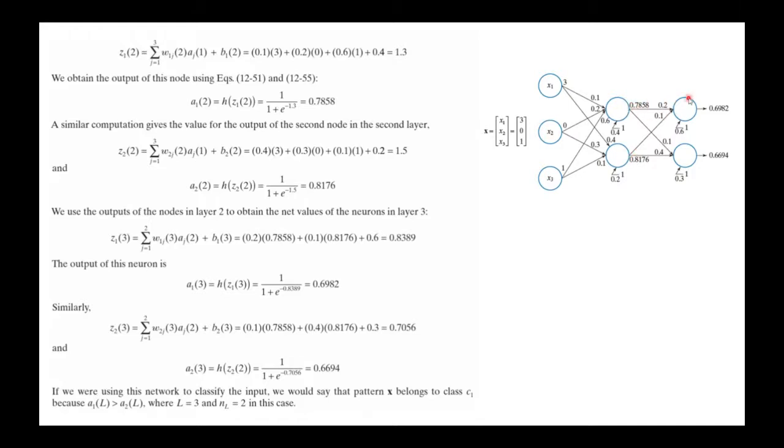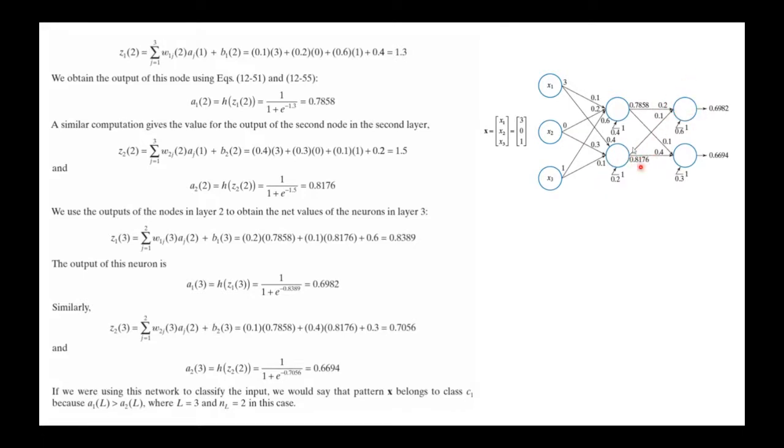The same thing happens with the neurons on the next layer. We'll get this value, that's the output of this neuron after processing the input. We'll multiply by 0.2, that's the weight associated to this value, and we'll get this value for this neuron.